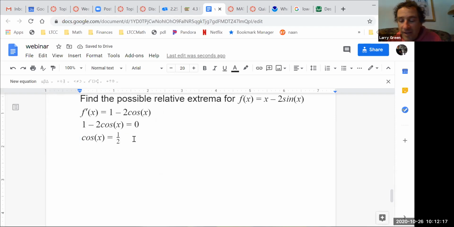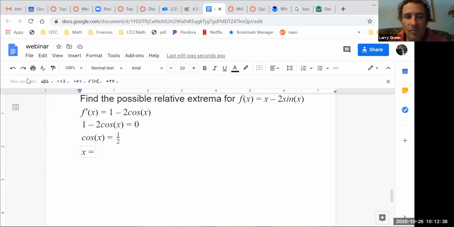When is the cosine of x equal a half? So you're supposed to remember your trig. Cosine of x is a half at pi over 3.